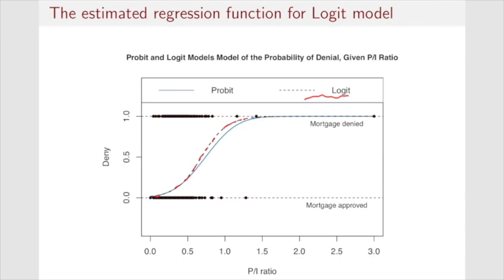It also flattens out for large and small values of the PI ratio, and it also has a stretched S shape, but it's steeper for the intermediate levels of PI ratios compared to the probit model. Given the coefficients for the logit model, we can similarly estimate the probability of loan denial for a specific level of the PI ratio, and this estimated probability is higher under the logit model than that under the probit model.